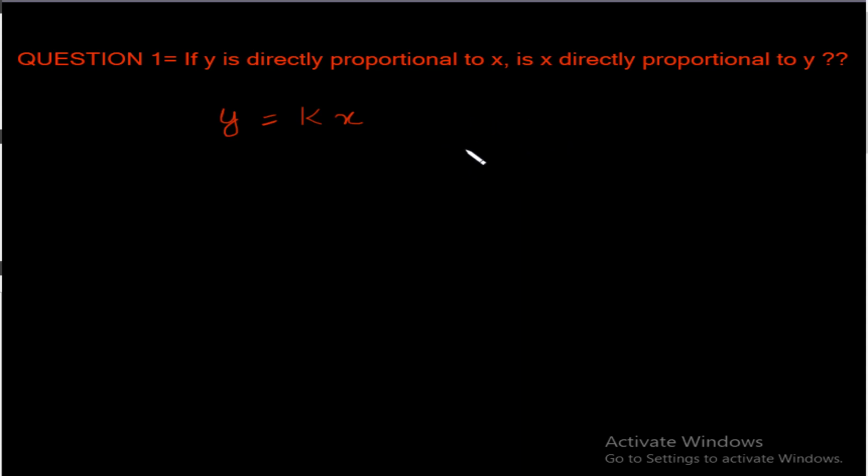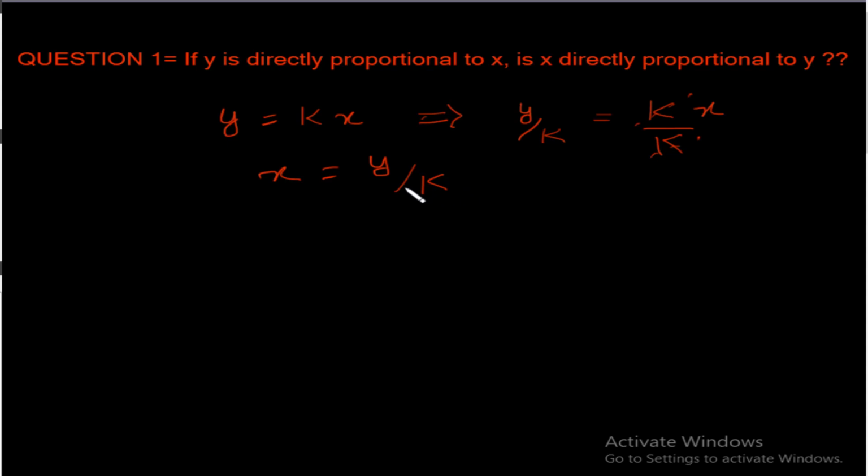So if I write this equation, y is equal to k times x, it can be rewritten to express x in terms of y just by dividing by k on both sides. So I can write y by k, and dividing k here also, this will cancel, and we will come up with x is equal to y by k.